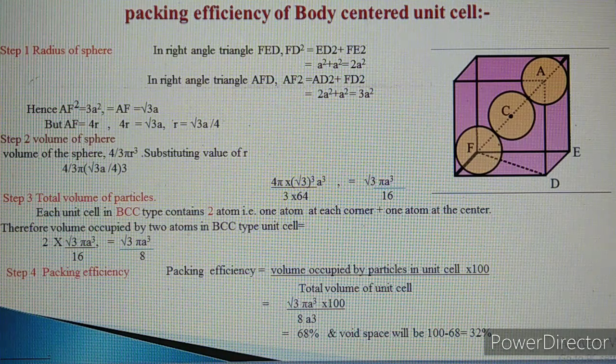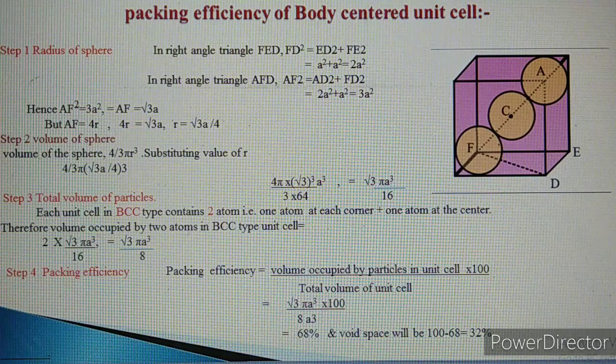See, the total volume occupied by the particles from step 3 is under root 3 pi a cube upon 8, divided by the total volume. What is the total volume of the unit cell? It will be a cube, multiplied by 100. If we substitute the value of pi, that is 3.142, and multiply and divide, we will get the packing efficiency in a body centered unit cell as 68%.